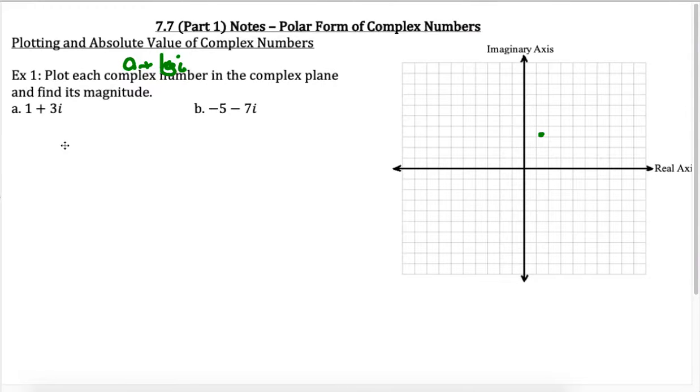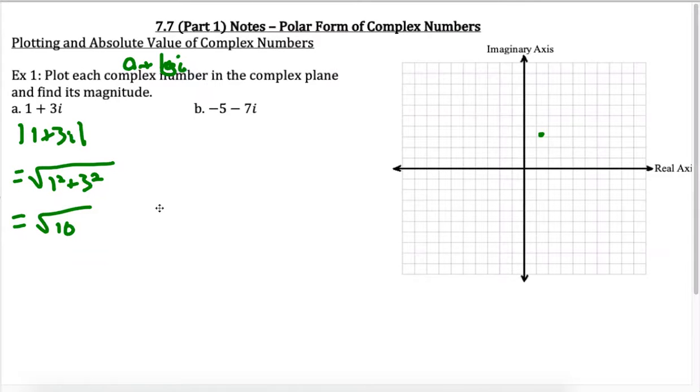So if I say the absolute value of 1 plus 3i, that's the distance from the origin, or the distance from the number 0 plus 0i. All I would do here is take the square root of 1 squared plus 3 squared. That'll get me the distance. So 1 plus 9 is 10, the square root of 10.